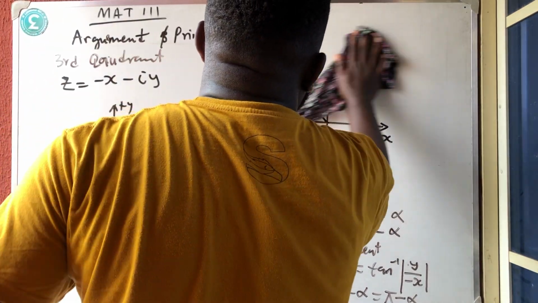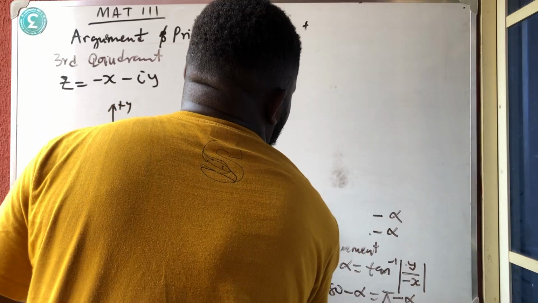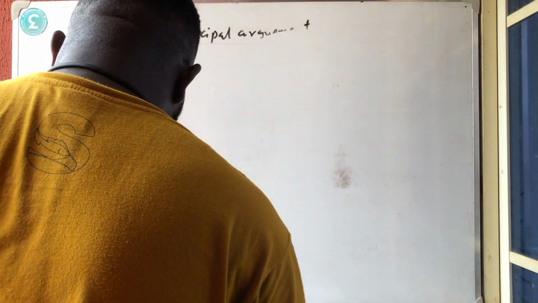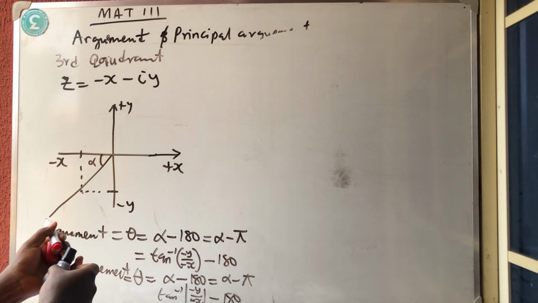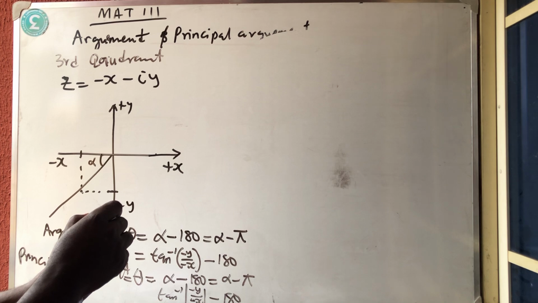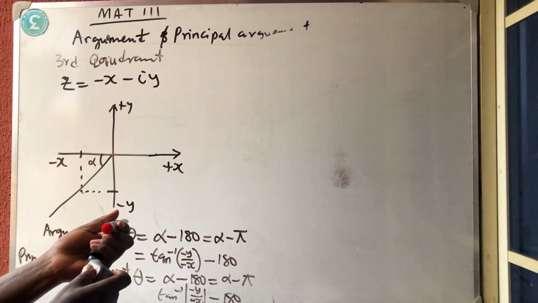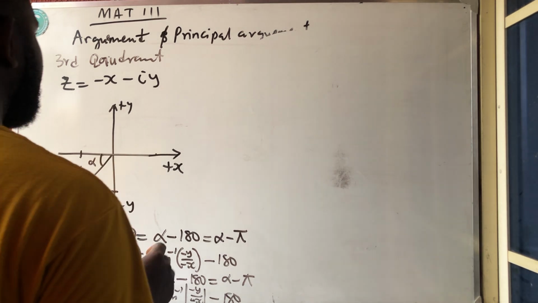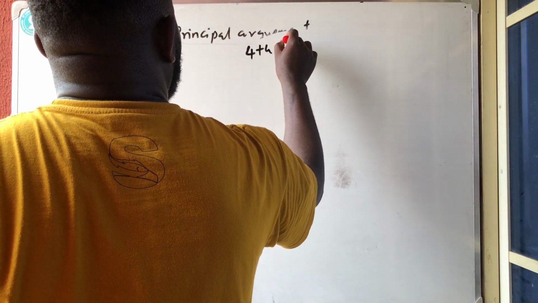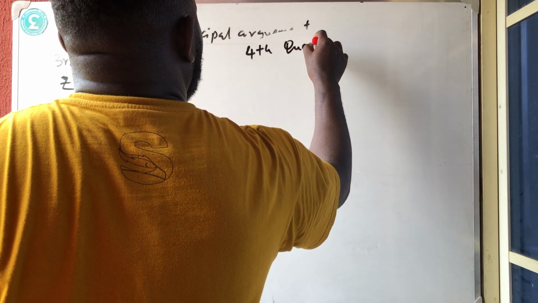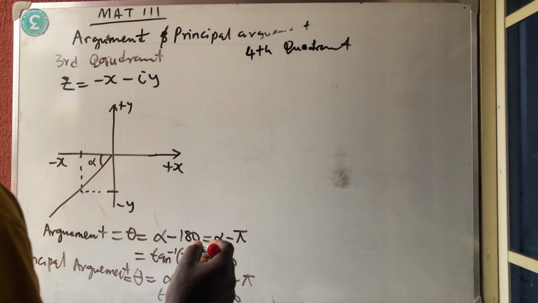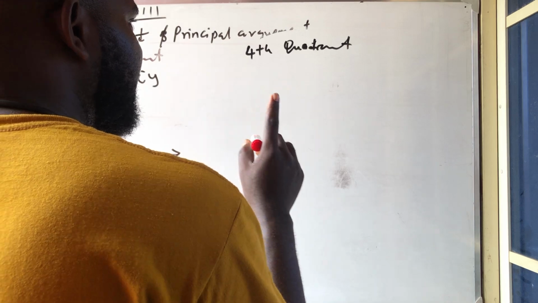For the fourth quadrant, because sometimes they will ask you to find the principal argument of this, we are still going to take those questions so you understand what I'm talking about. The next one we're going to talk about is the fourth quadrant. Now for the fourth quadrant, look at what happened. That is the only place there is a problem.